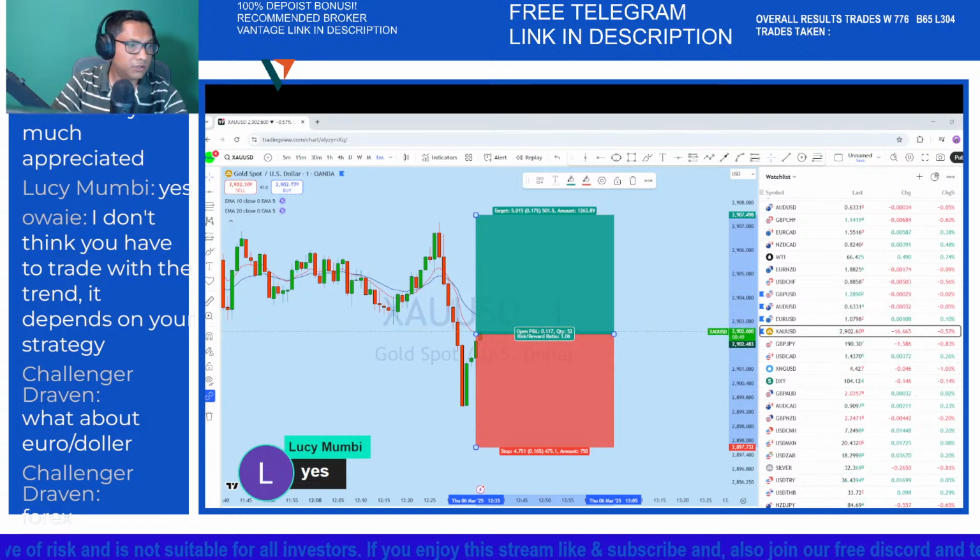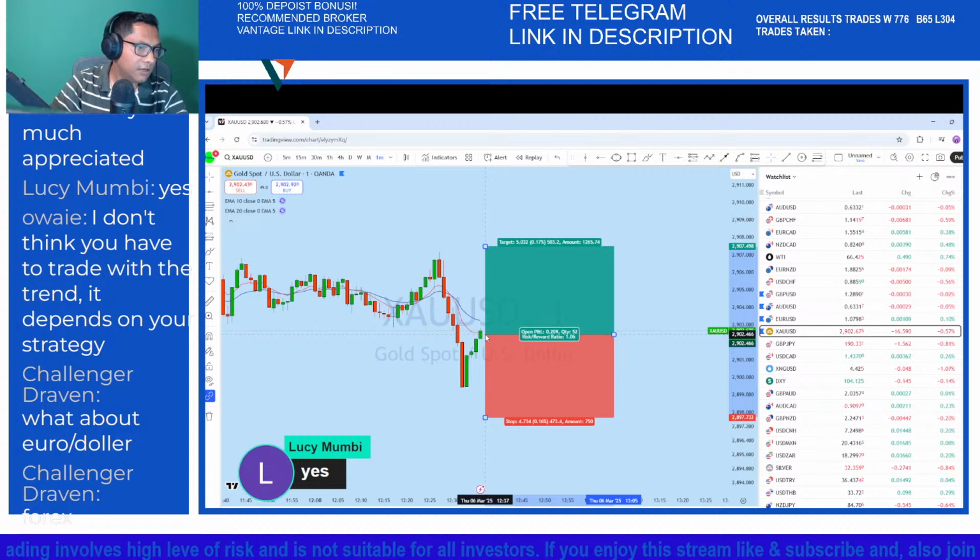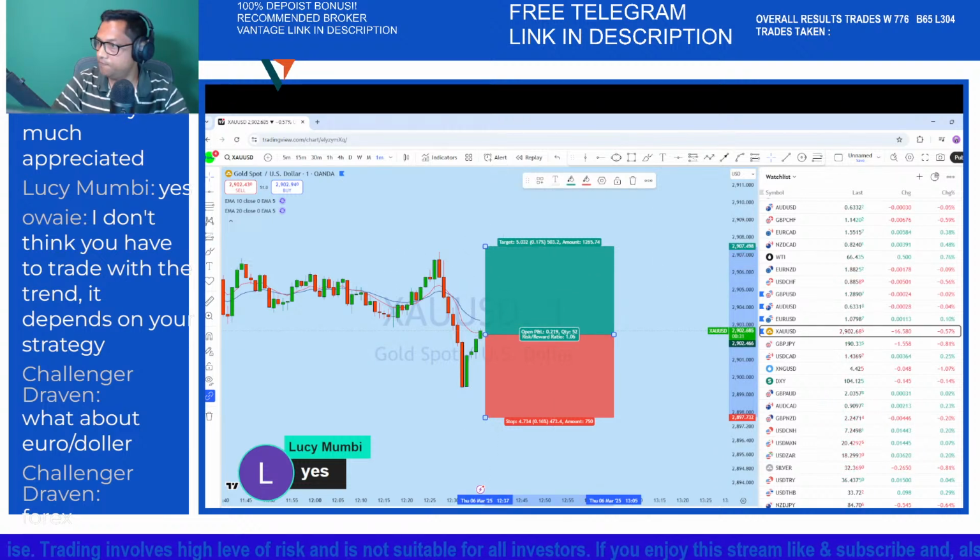I think we got triggered. I need to enter by market because my pending order wasn't there. So I entered by market, but anyway, we are on the trade. It's moving in the direction and expecting to go up to the resistance line.